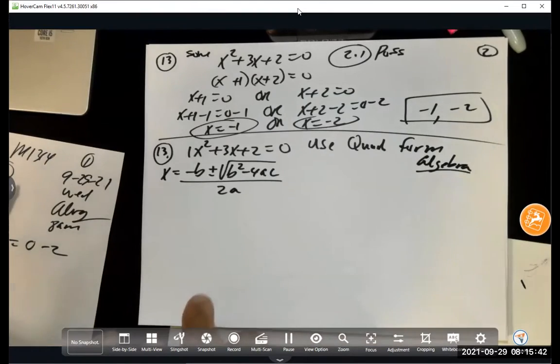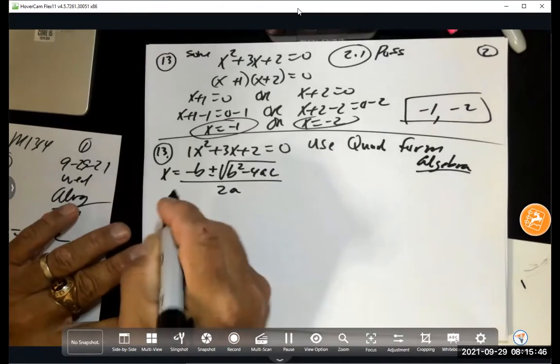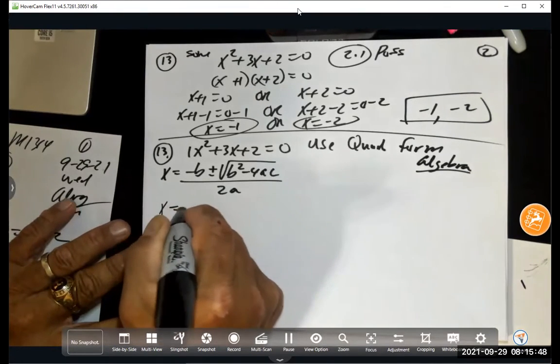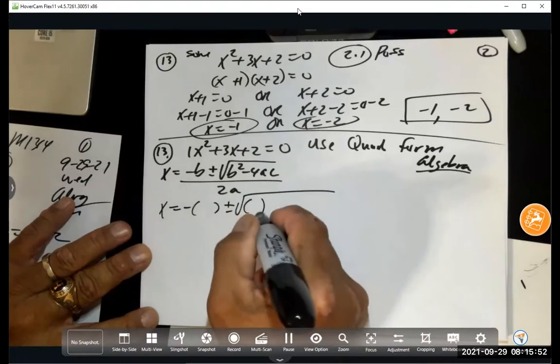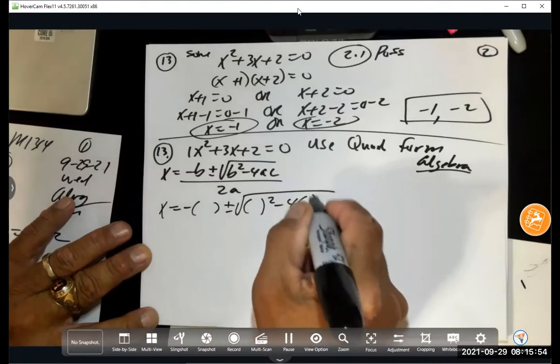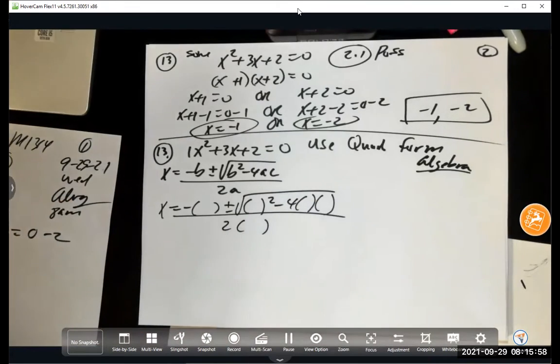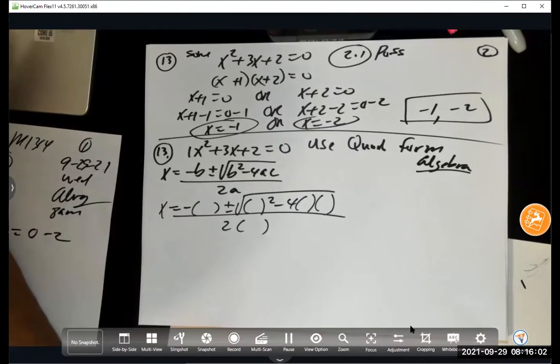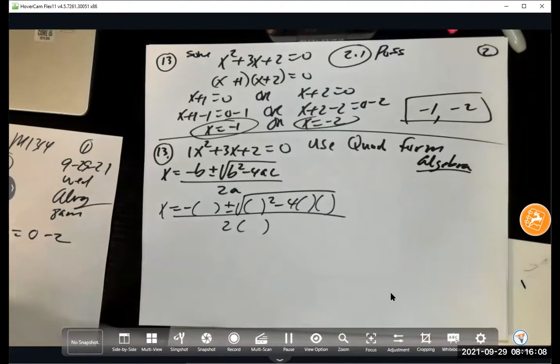And what you do is you need to put all these numbers in there. You're going to go x equals negative of b plus or minus the square root of b squared minus 4 times a times c, all over 2 times a. So in this formula, you're going to put all these numbers in here. Okay, so now let me put these numbers in there.